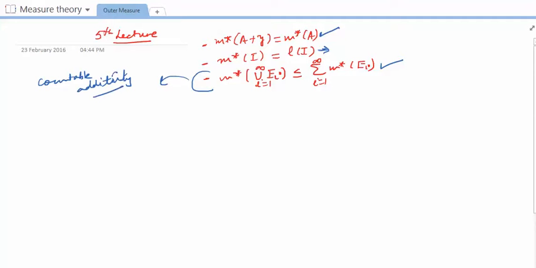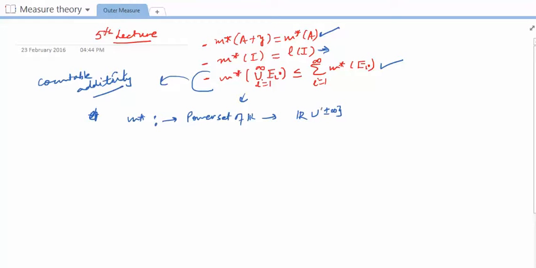Let us prove this property. This is very simple to prove. We know that M star is a function from the power set of R to extended R, which means it can take the value infinity.